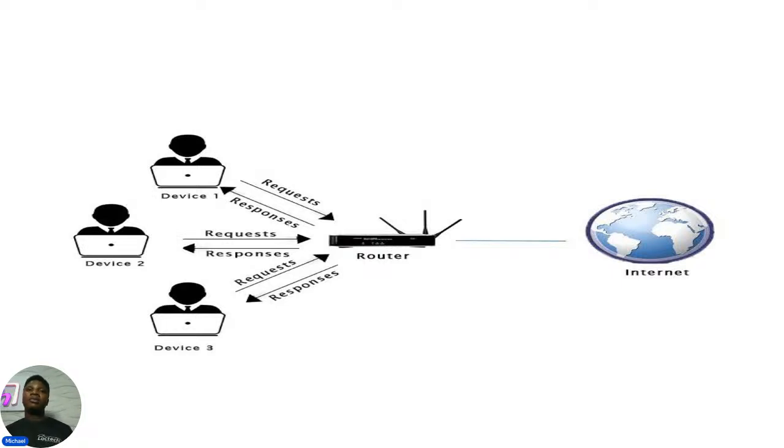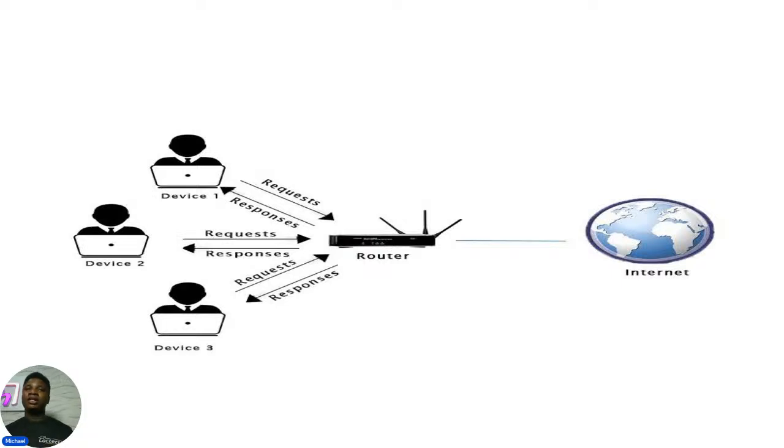So these three devices over here, they want to be able to reach the internet, and so what would they do? They would simply have to use the AP to get access to the internet. Okay, so we have three end devices here, and you can see the arrows over there, the requests and responses. So these end devices to my left are called, of course, end devices.